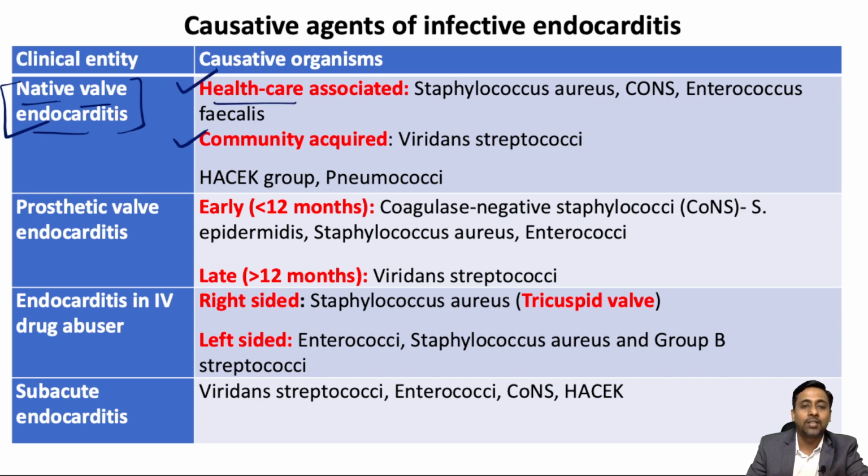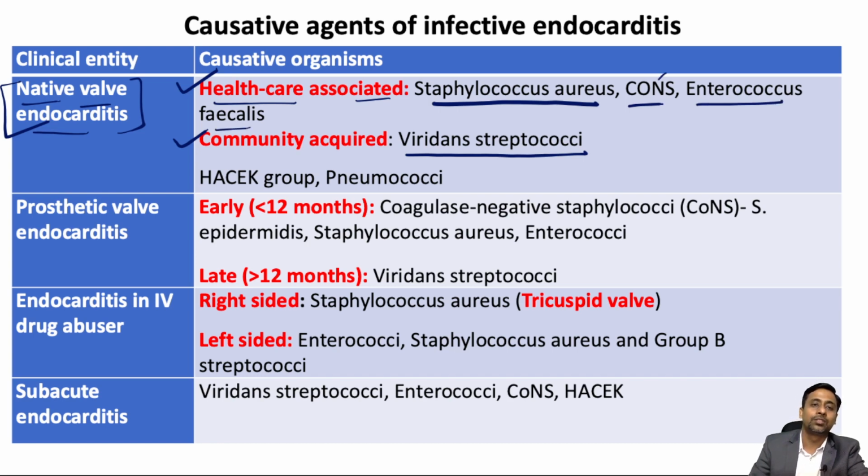Healthcare associated is commonly caused by Staphylococcus aureus. Community acquired is commonly caused by Viridans streptococcus. Remember it like this. Also coagulase negative staphylococcus and Enterococcus faecalis are associated with healthcare associated. However, community acquired is commonly caused by the Viridans group of streptococcus.